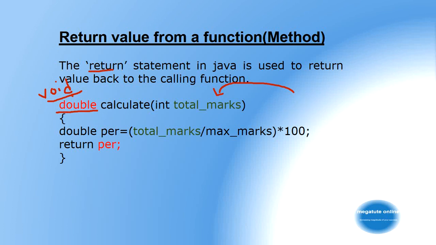Over here, the percentage has been calculated, and then that percentage, using the keyword return, will be returned back to the calling function. So a return type is the output of a function which it sends back to the calling function, and the parameter is the input to the function which we give to the function to work on something.